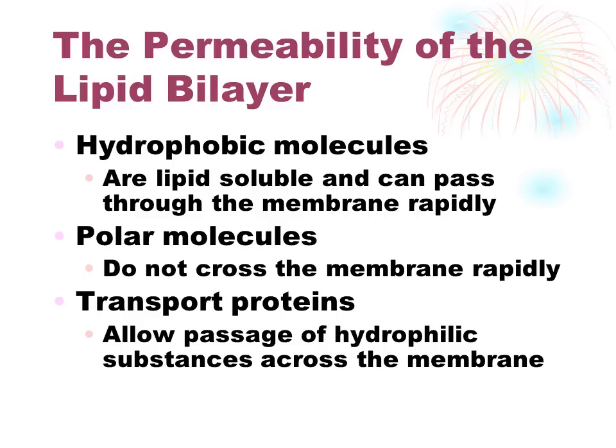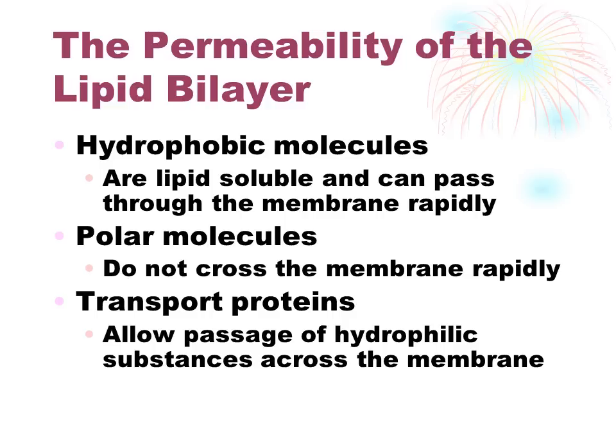Now, again, talking about the fact that this is a selectively permeable membrane, we have to mention hydrophobic and polar molecules. It says here, hydrophobic molecules are lipid soluble and can pass through the membrane easily. Polar molecules, however, are not able to cross the membrane rapidly.